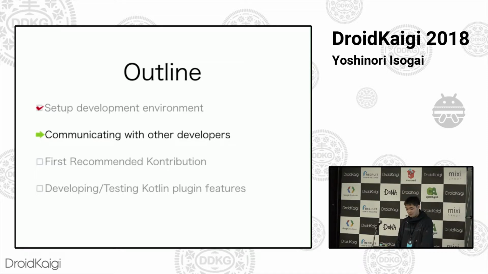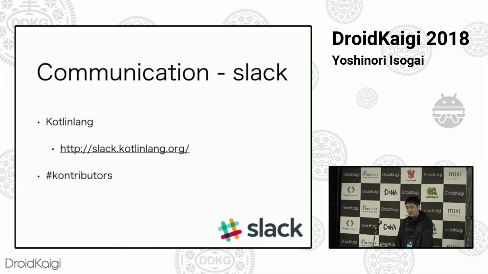Communicating with other developers. We mainly use 3 tools for communications. Let's talk about the use case of these tools. The first one is Slack. I believe most of the people in this room already joined this team called Kotlin Lang. If you are not, then get the invitation from this URL.